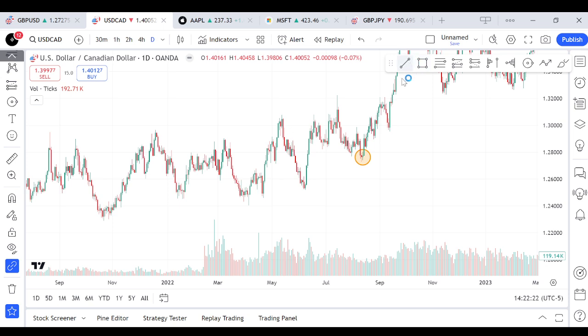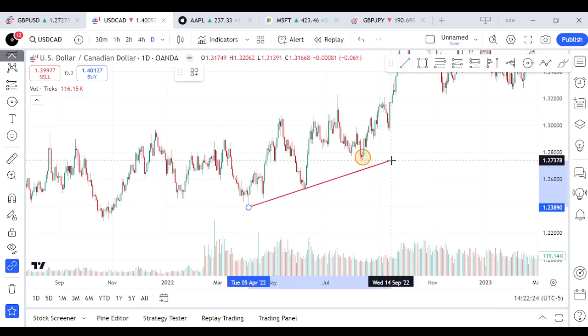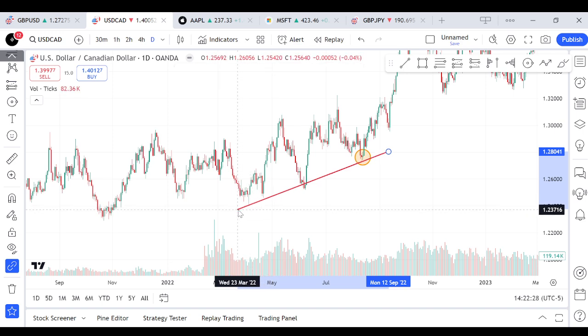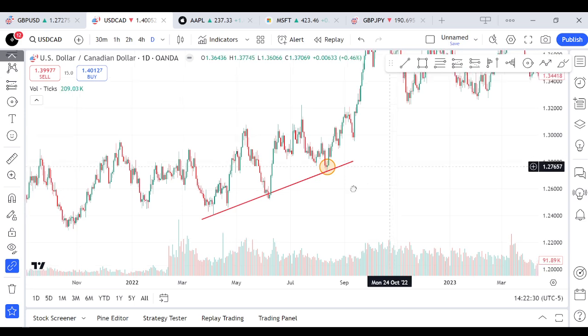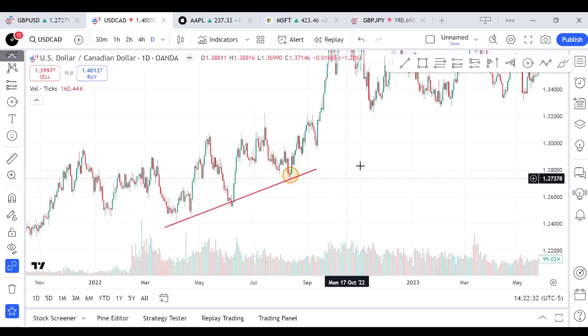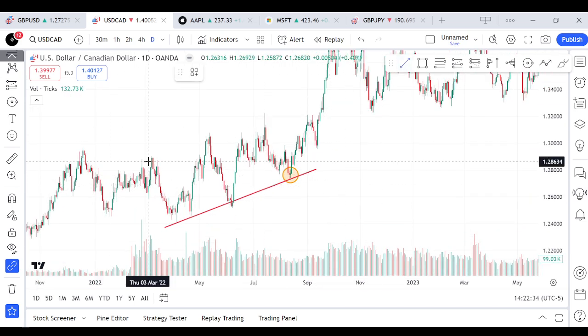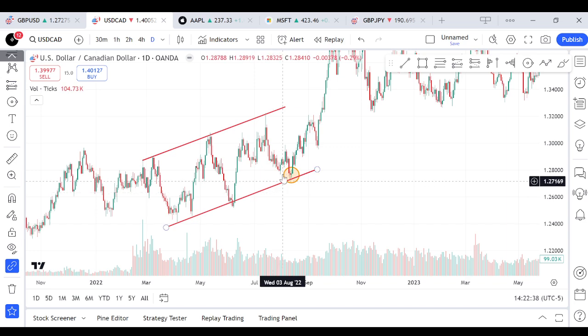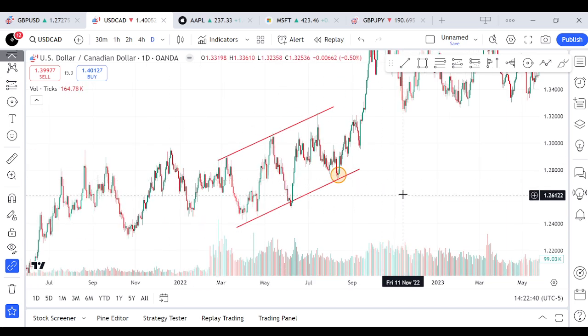You can see that we have this bullish order flow in the market, and so we expect that when price retests this trend line, we should see a bounce, like a channel.